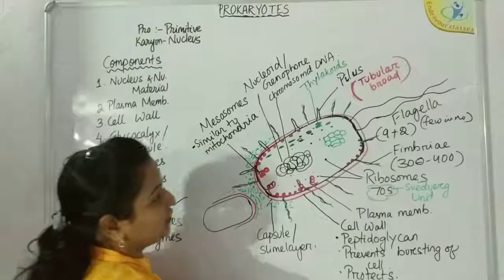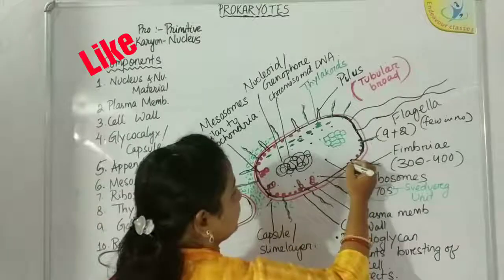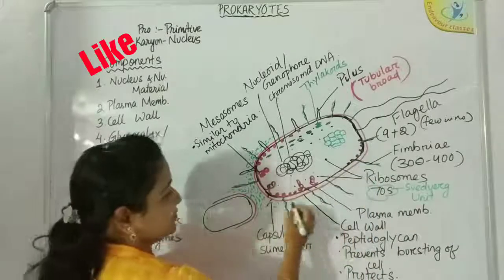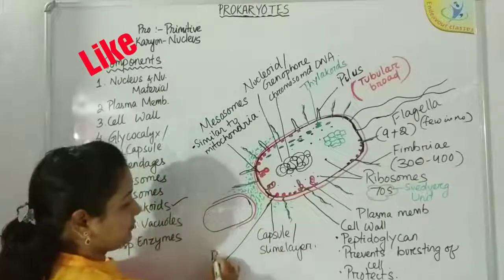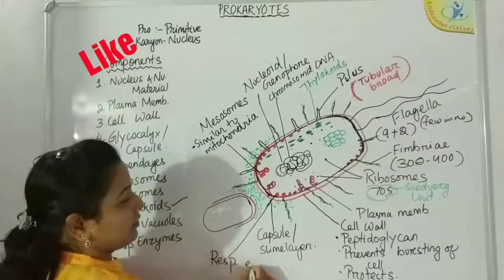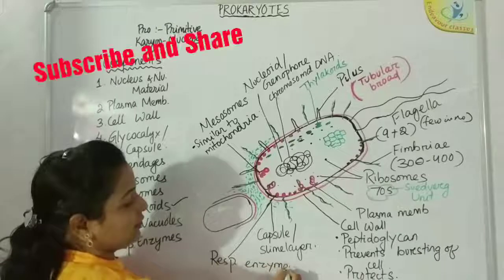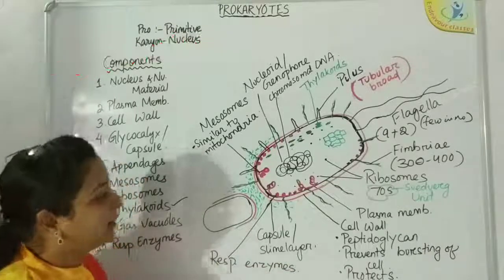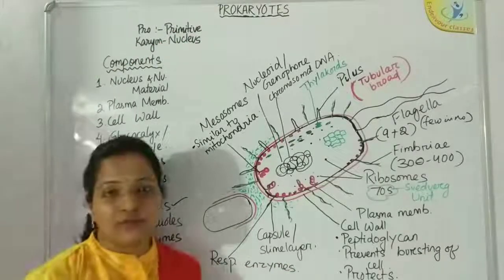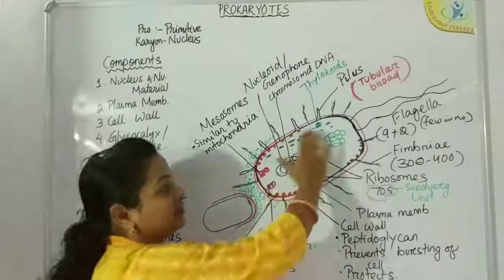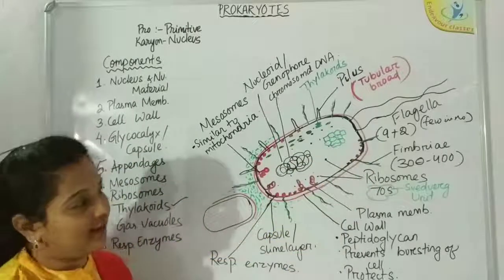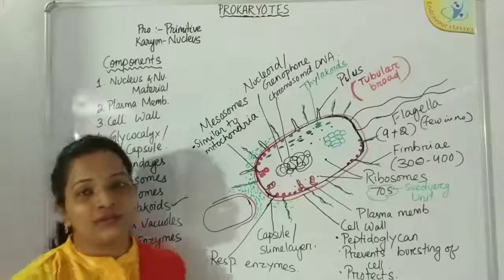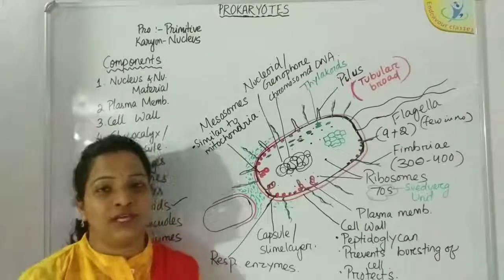These are the respiratory enzymes. The translation and transcription processes all occur inside the cytoplasm of the cell. So this is all about the brief structure of a prokaryotic cell.